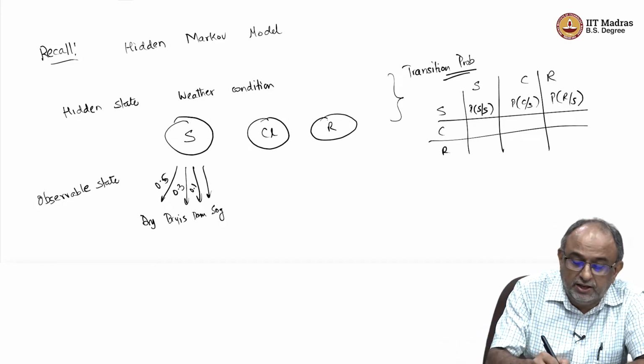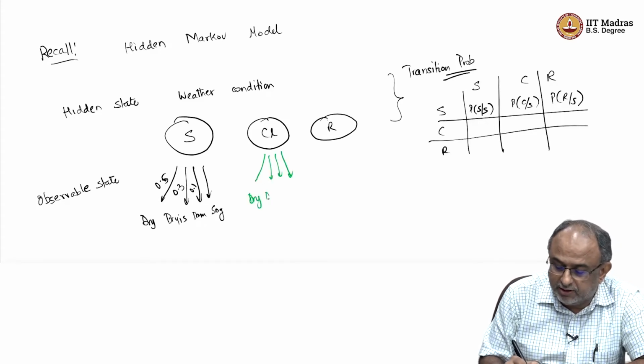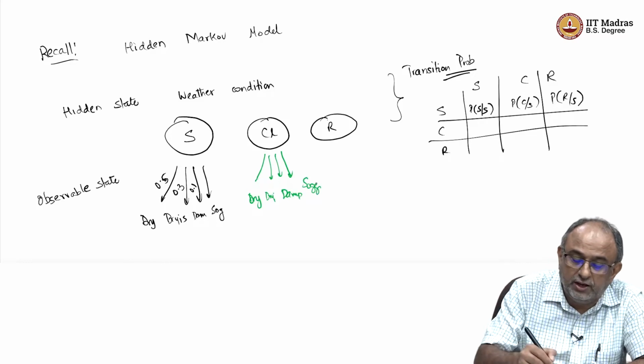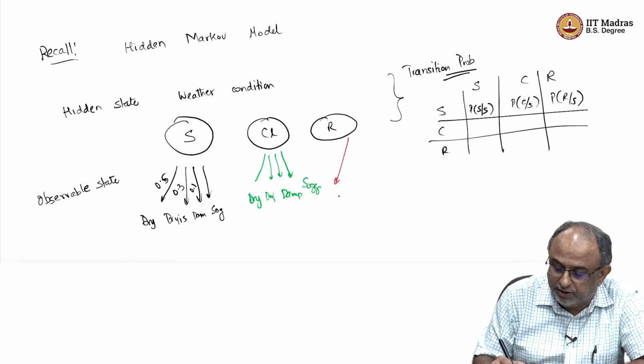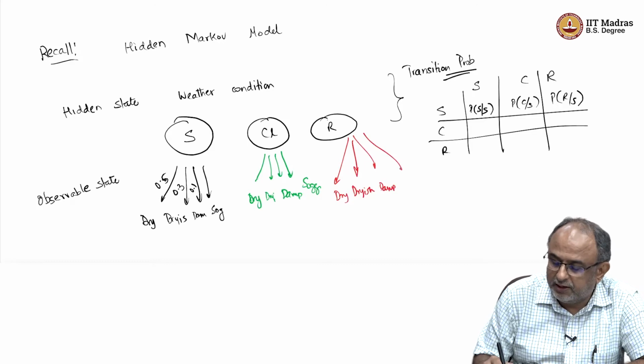And similarly, this guy had again certain probability of generating dry, dryish, damp and soggy, right. And similarly, this guy also had a probability of dry, dryish, damp and soggy.